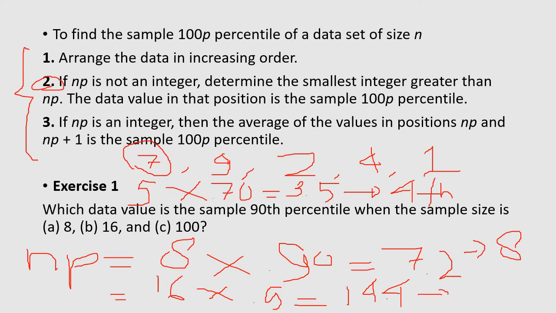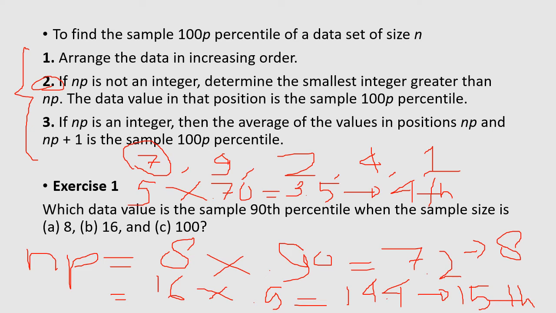So that means the 90th percentile is positioned in the 15th position in a dataset. Again, this does not refer to the score, but to the position in a dataset: the 15th position, the 8th position.